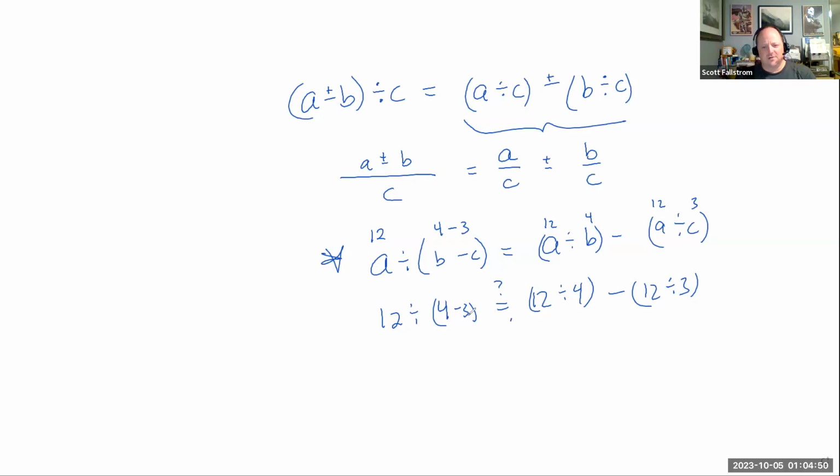So 4 minus 3 would be 1, and 12 divided by 1 is just 12. Is that the same over here? 12 divided by 4 would be 3, and 12 divided by 3 would be 4. And 3 minus 4, if we were to know what happens later, we'd get a negative 1. And that is not great, right? So that is not great.